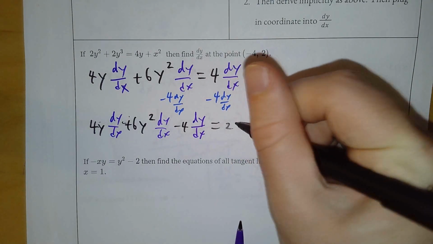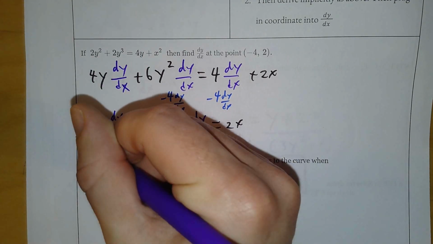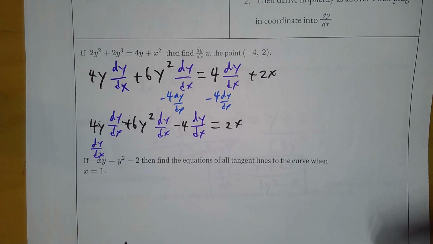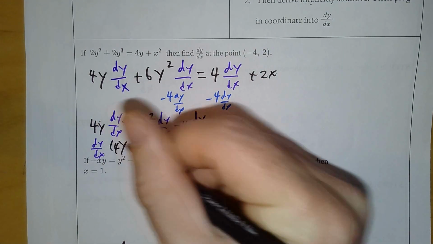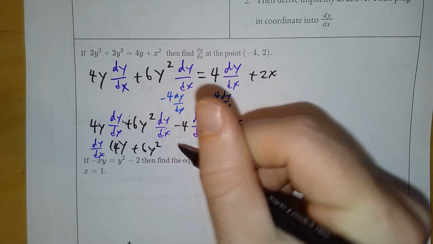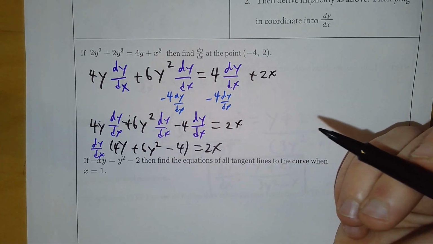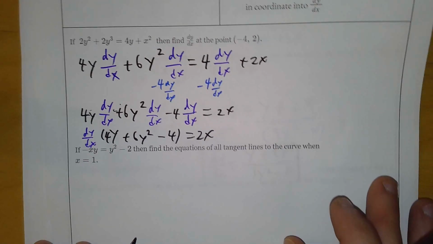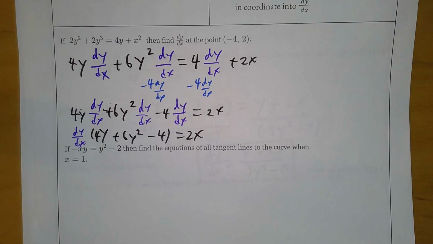Then we'll factor that dy dx out. So we get dy dx out front, and then in parentheses we have 4y plus 6y squared minus 4, equals 2x. From here, I'm out of space, but I'm dividing both sides by 4y plus 6y squared minus 4.